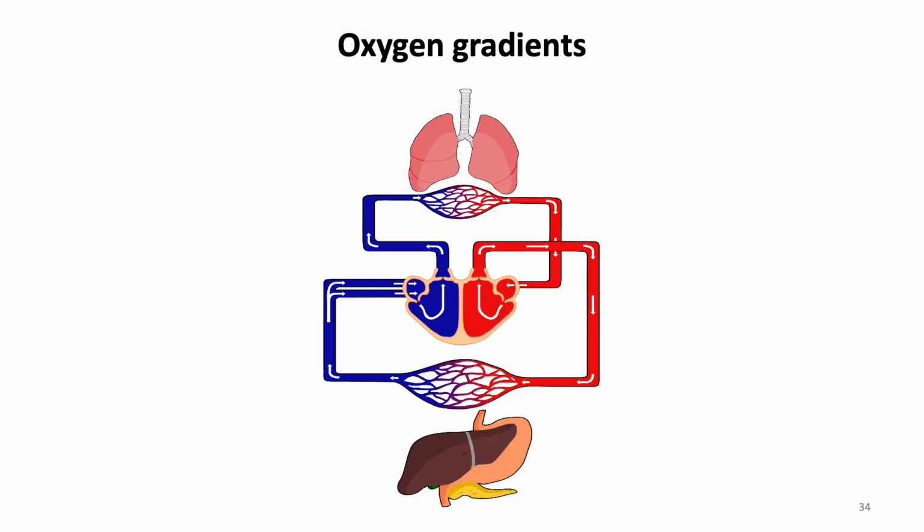Let's first take a look at the oxygen gradients in the respiratory system. For starters, the oxygen tension, or the partial pressure of oxygen in atmospheric air, is 21.3 kilopascals. By the time it enters the airways, it's warmed up and vaporized, and that actually reduces the partial pressure of oxygen slightly to 20 kilopascals.